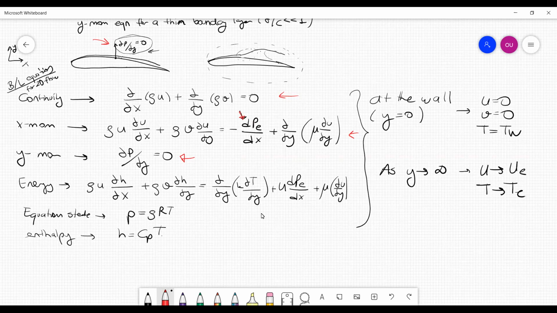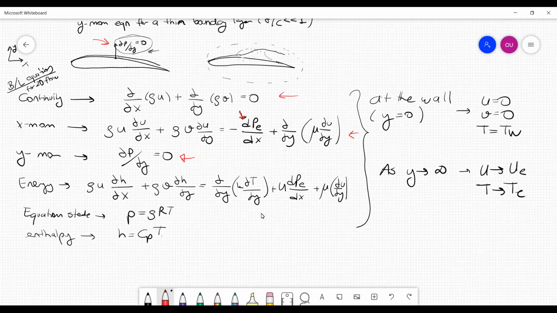So pressure does not change across the boundary layer, say, normal to the surface for a flat plate. Similarly, the energy conservation equation is here. And in order to have a closed equation set, we need to add the equation of state and the enthalpy definition, so that we obtain a closed set of equations, which we call the boundary layer equations.